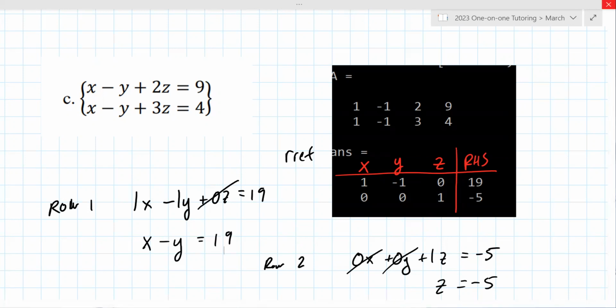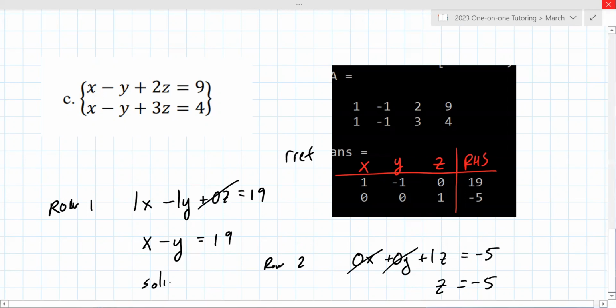This is where you have to go back to the way they want you to present the answers. If the system is dependent, it says express your answer in terms of x, where y equals x. So they're saying you need to solve this equation for y.